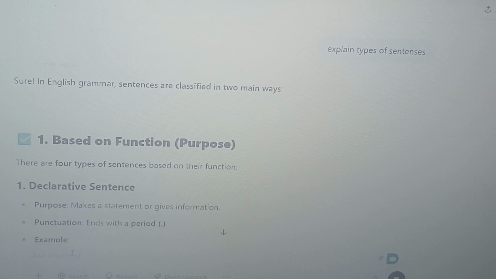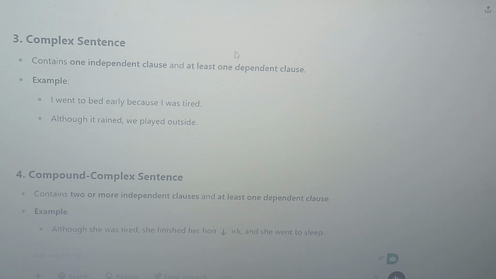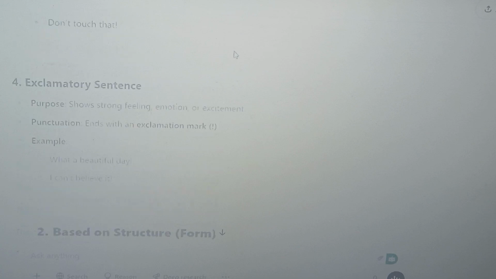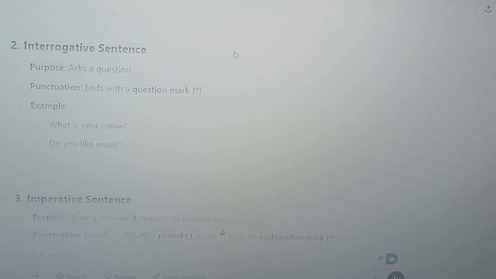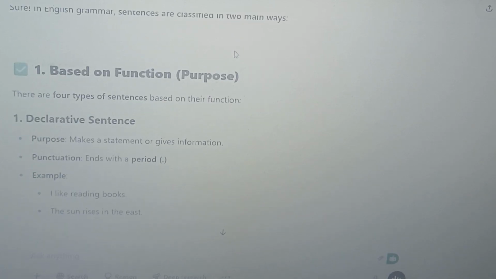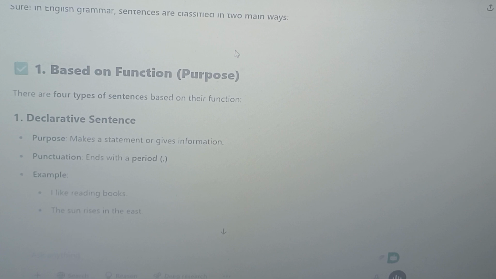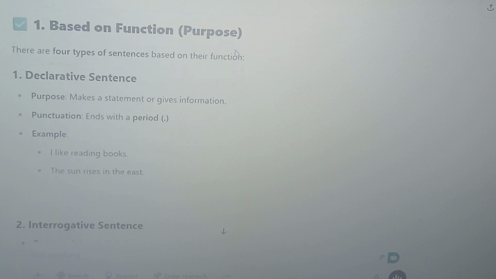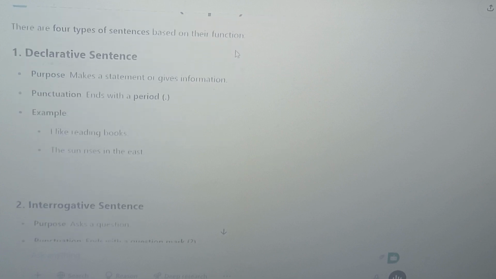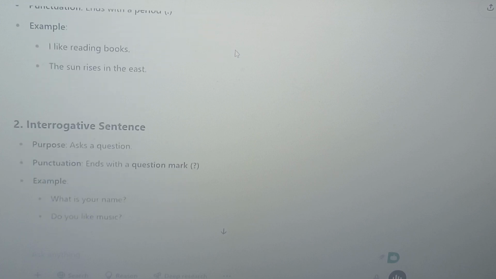There are four types of sentences based on their function. Declarative: purpose, makes a statement. I like reading books. The sun rises in the east.